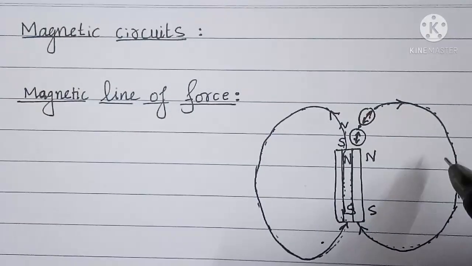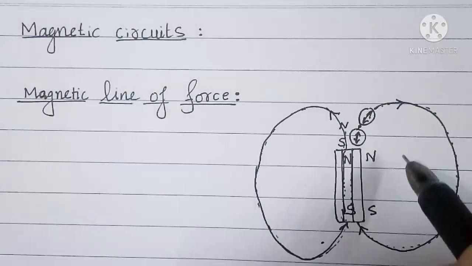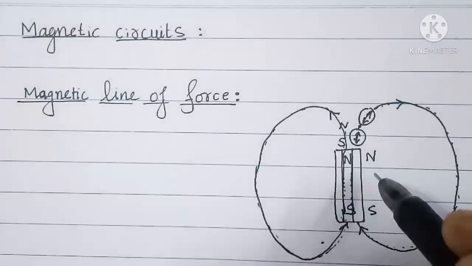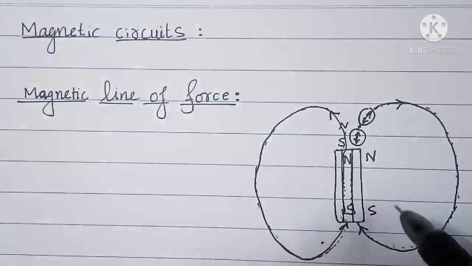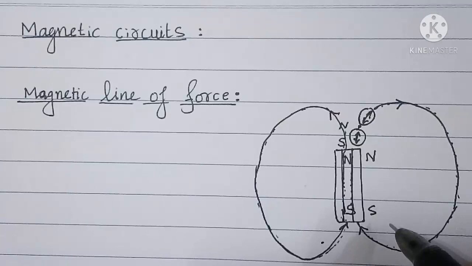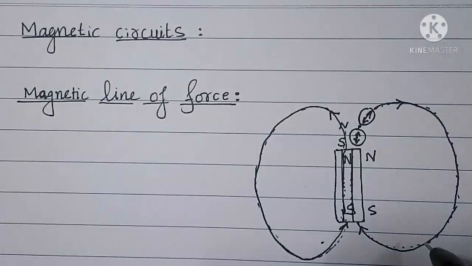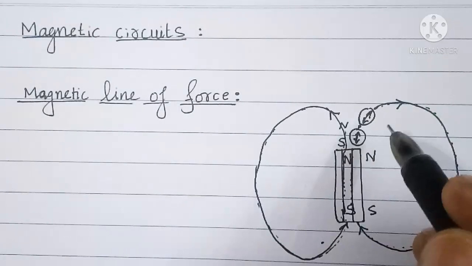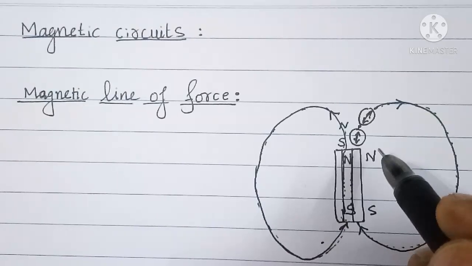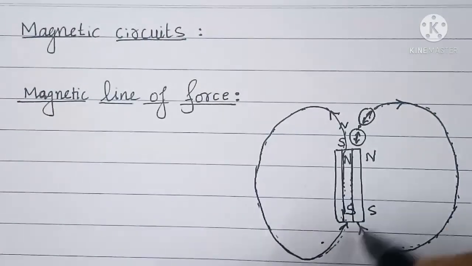And these actually tell us that in the vicinity of this bar magnet there is a magnetic field. We can draw such thousands of lines, and all those lines will tell us that there is magnetic field existing around this bar magnet.